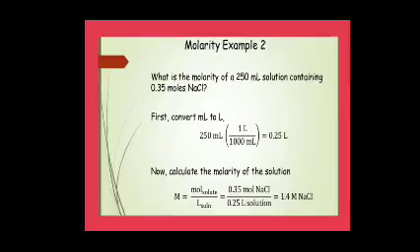Given number of moles of NaCl is 0.35 moles. Now calculate the molarity of the solution. Molarity is equal to the number of moles of NaCl divided by the total volume of solution. 0.35 moles of NaCl divided by 0.25 liters of solution is equal to 1.4 M NaCl.